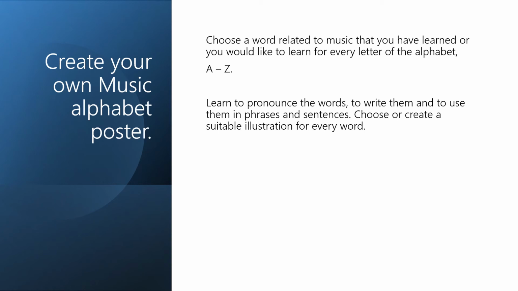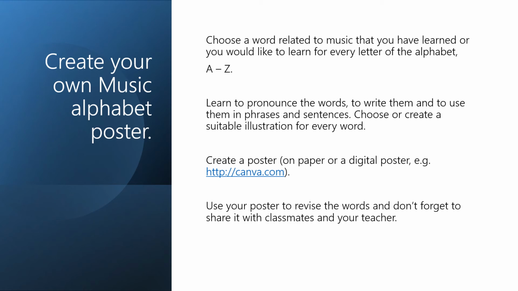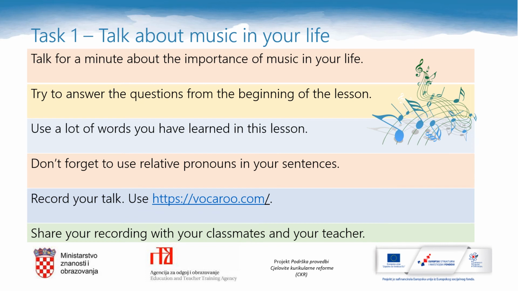Choose or create a suitable illustration for every word. Then create a poster. You can use a paper poster or you can create a digital poster, for example when you use canva.com. Use your poster to revise the words and don't forget to share it with your classmates and your teacher.